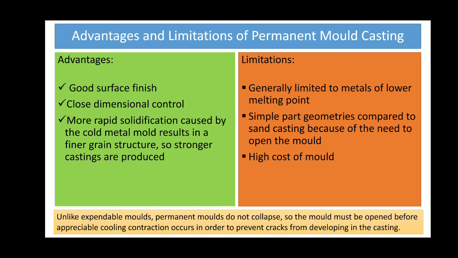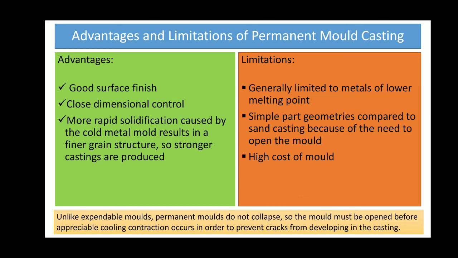Similarly, limitations: it is generally limited to metals of lower melting point, because with very high melting point metal there will be disadvantages like oxidation, and some tearing off may happen on the surface of the mold.